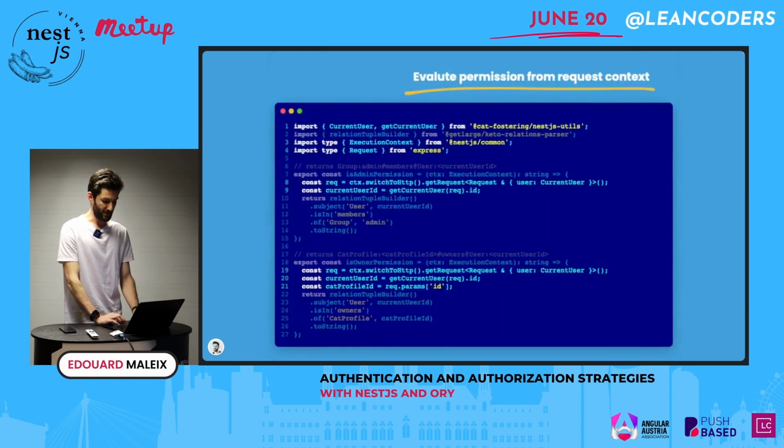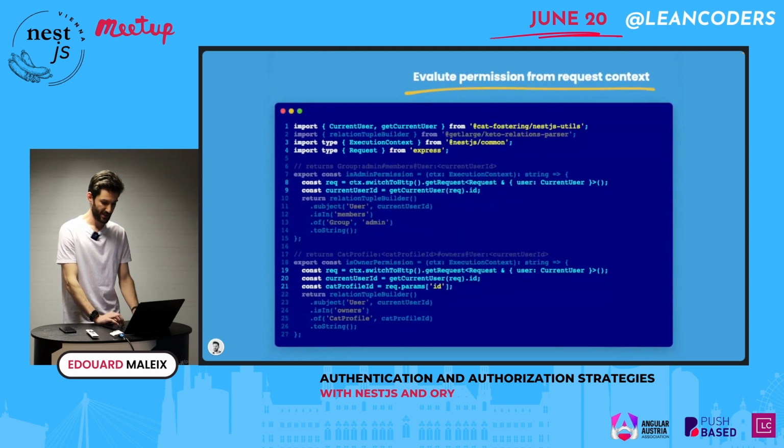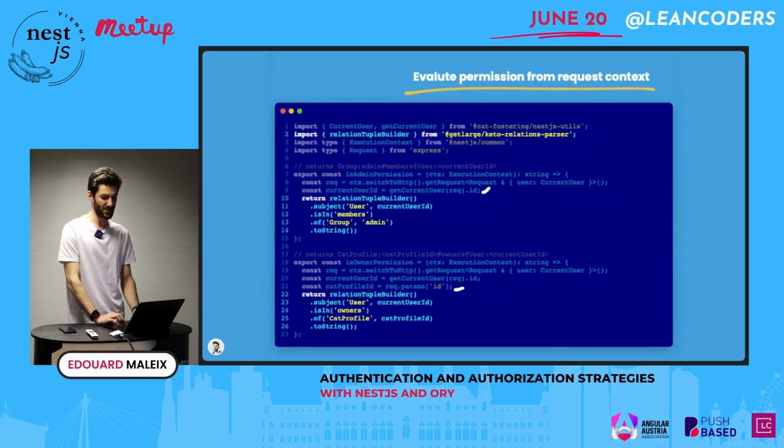Now for the evaluation of the permission, we just saw some functions earlier. Just to make the link, the is owner permission and is admin permission. Now we will dig into them. The is admin permission will just take values from the request, from the execution context, to be more accurate from NestJS, retrieve the user ID, and here also the request parameters passed in the path, and construct the relationship.